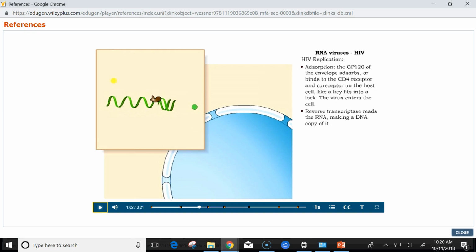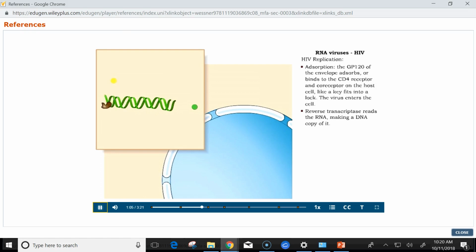Our process is DNA to RNA to proteins. But because they are an RNA virus, they come with an enzyme that can turn RNA into DNA. That's why it's called a retrovirus, because it's reverse transcriptase. We're going in the reverse direction. It's an important point. Does that make sense to y'all? Okay. I'm going to keep it going.